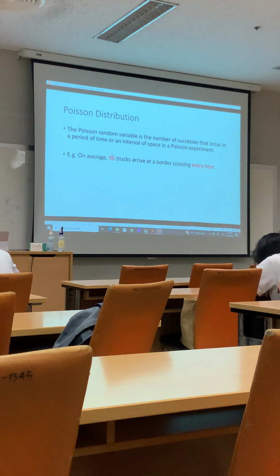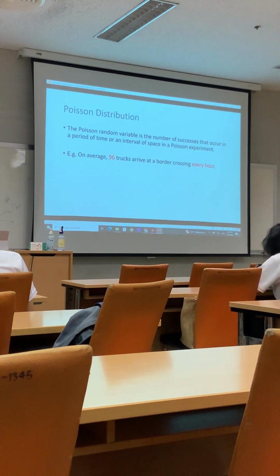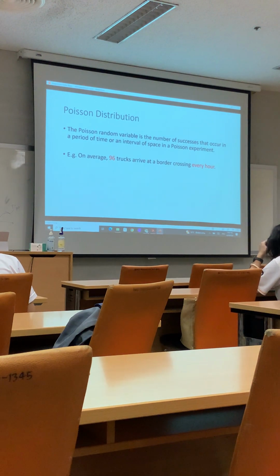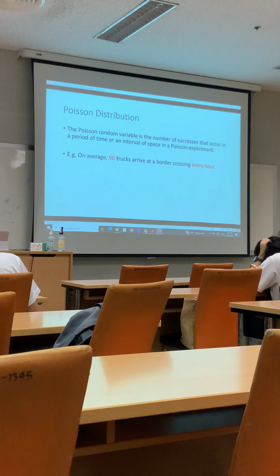So 96 here is the mean of the Poisson distribution, which is lambda. Because lambda is equal to n times p, which is the mean in a binomial distribution, and Poisson is just an extension of the binomial distribution, so 96 has to be your lambda.